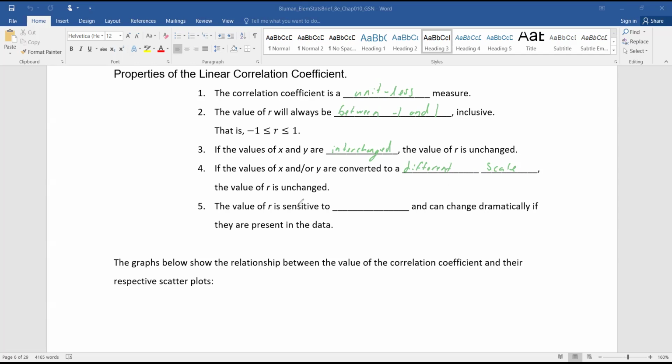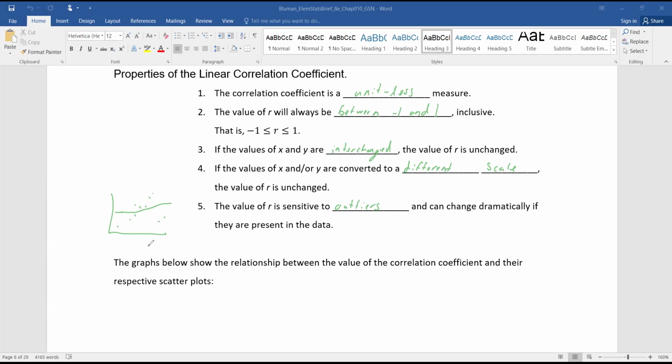And then number 5 is that the value of r is sensitive to outliers and can change dramatically if they are present in the data. So you've got to realize that if we're trying to determine our correlation coefficient and we have a couple of outliers here, instead of getting a nice line, we might actually get a line more like this. So outliers will definitely impact your correlation coefficient.